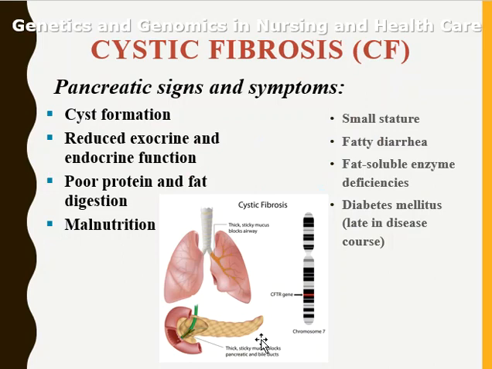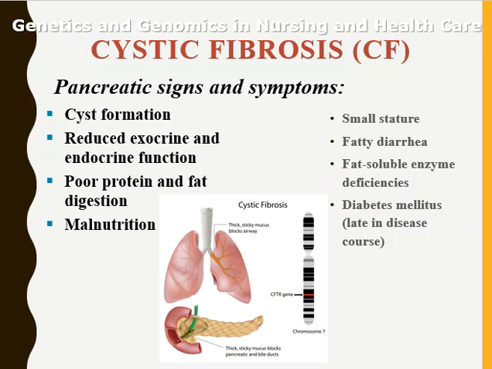Pancreatic signs and symptoms include cyst formation. They have reduced exocrine and endocrine function. The exocrine function is affected before the endocrine function is, because you have a decrease in digestive enzymes.